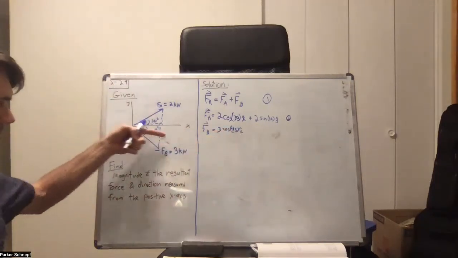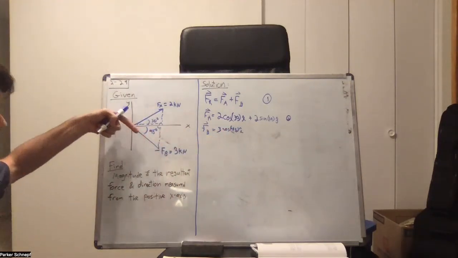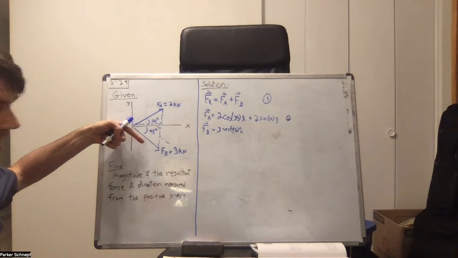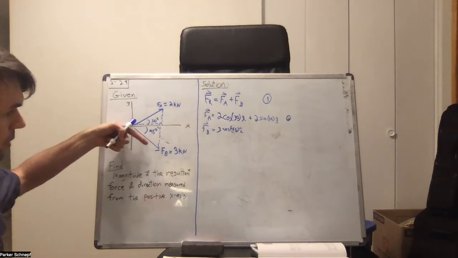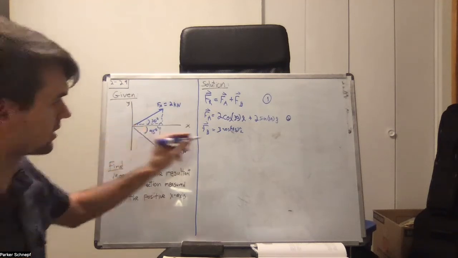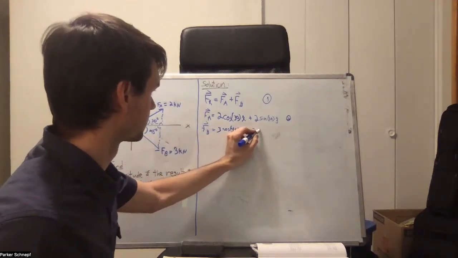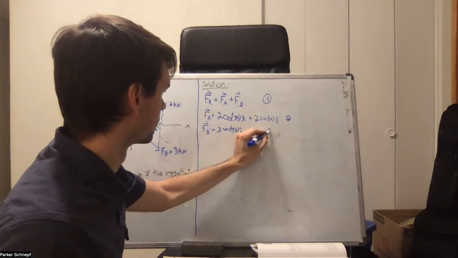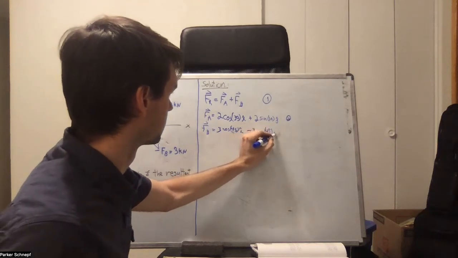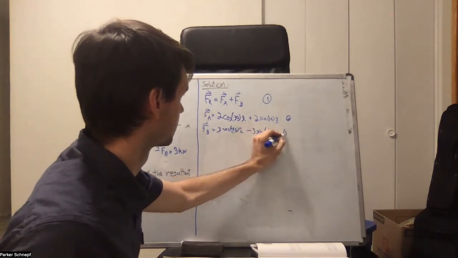And that's going in the positive direction. In this case, it's actually pointing downward. So when we are talking about the y part of it, it's going to be negative. I'm going to end up with a negative y. I just want to say minus 3 sine 45. Okay. That's the third equation.